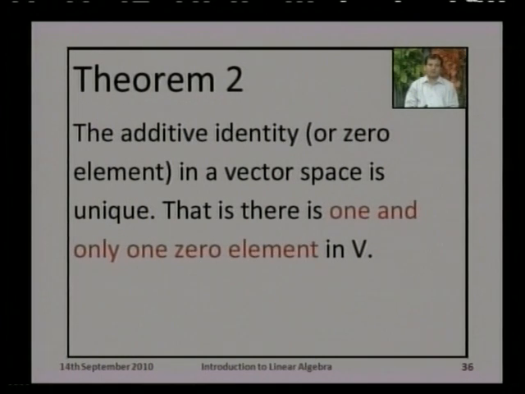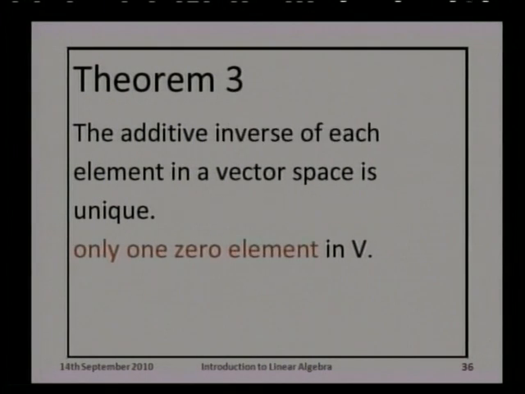That is not a possibility. If V is a vector space, then it has one and only one 0 element. Similarly, the additive inverse for each element in a vector space is unique, and this must be remembered.